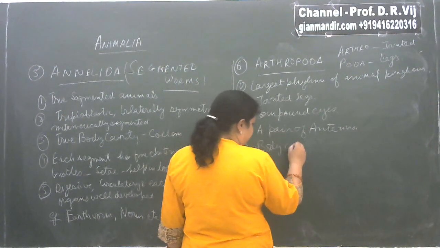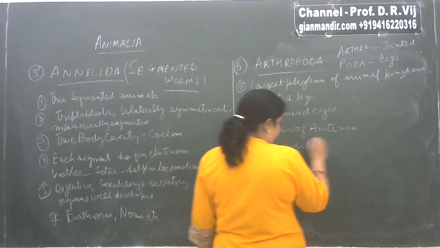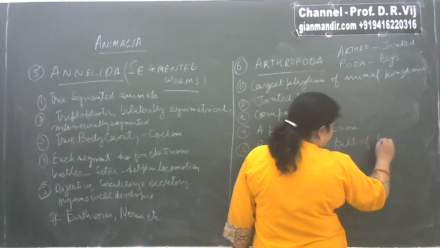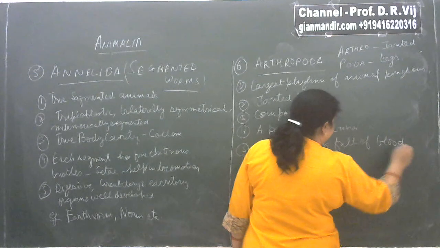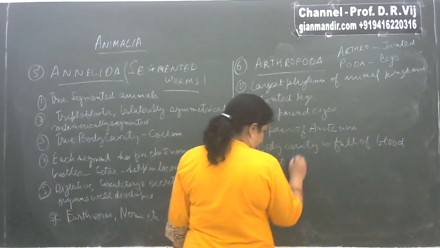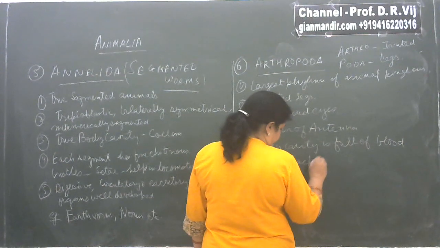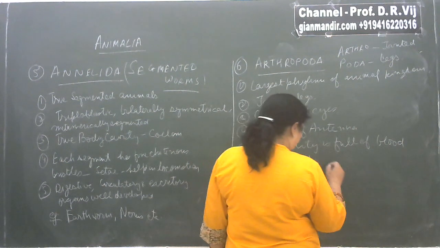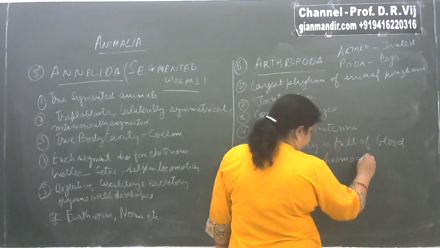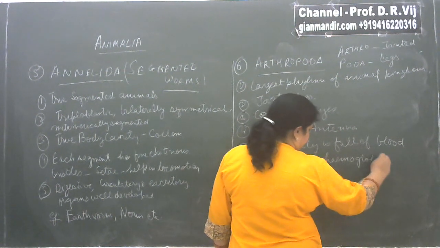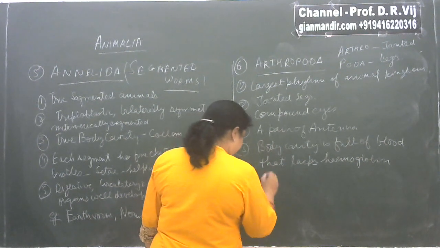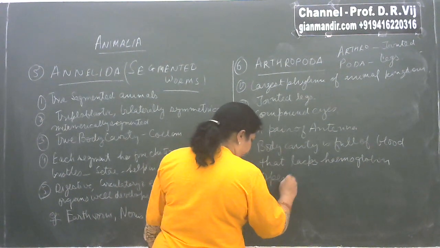The whole body cavity is full of blood that lacks hemoglobin. That's why their blood is white. They have an open type of circulatory system.